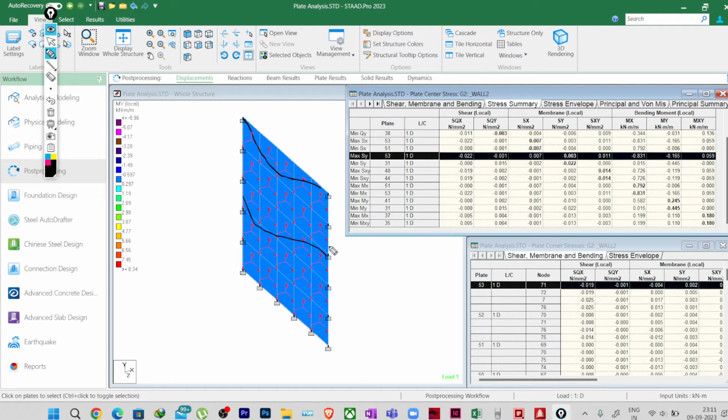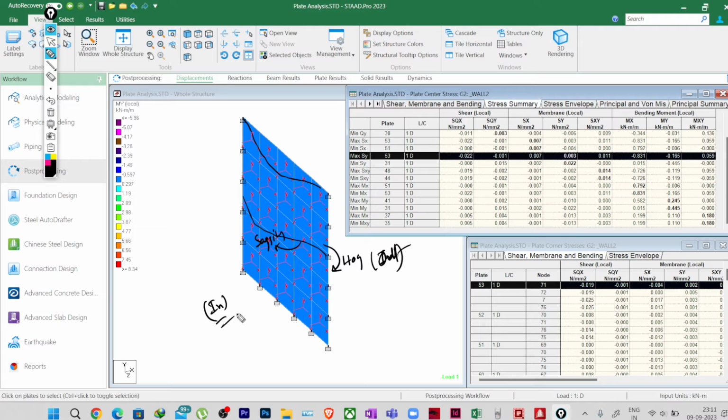So that means the Mx values will be more governing. Okay, so here at the edges the movement is like this, and at the mid part the movement is like this, correct? So here we will get hogging, and that will be in my inner face, or say this side is outer face and this side is inner face, hogging, and here it will be sagging, that is in the inner face.